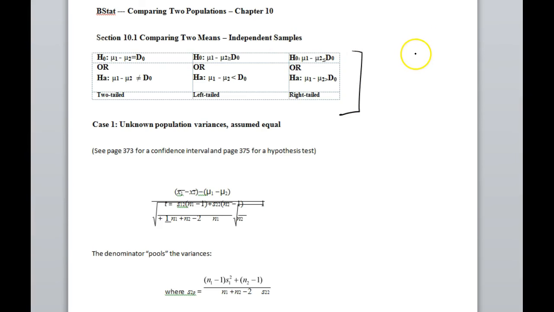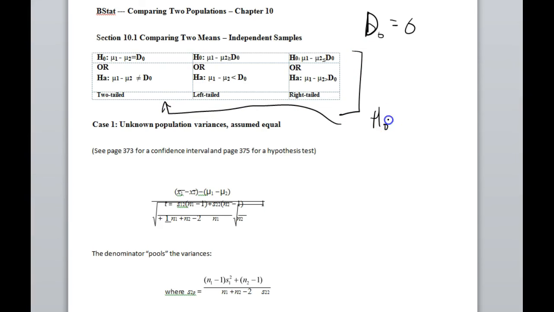This D naught signifies the difference that you propose between the two populations. So more than likely, this D naught is going to be 0. Just to rewrite one of these hypotheses, we're going to look at the not equals one.